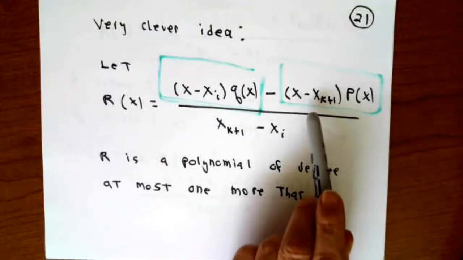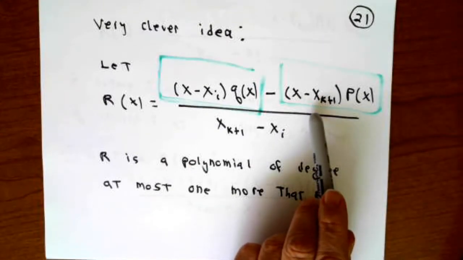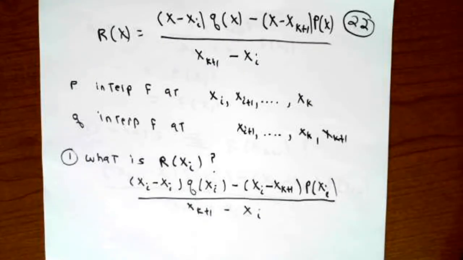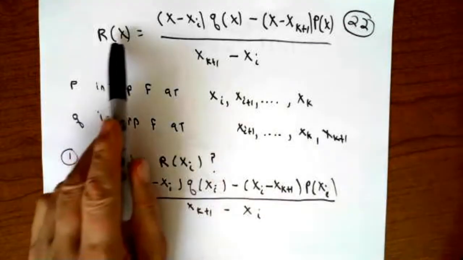I'll take that polynomial, multiply it by x minus x number k plus 1, and subtract. This is going to be a polynomial of degree that's at most 1 more than what the degree of p and q could be. This is seemingly a completely random thing to cook up, but let's do a little bit of investigating.